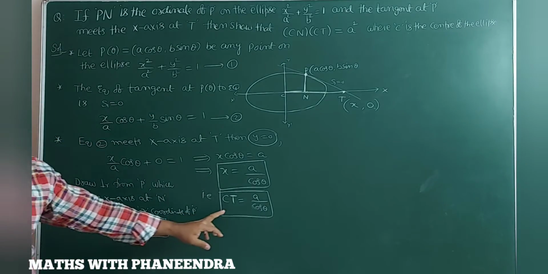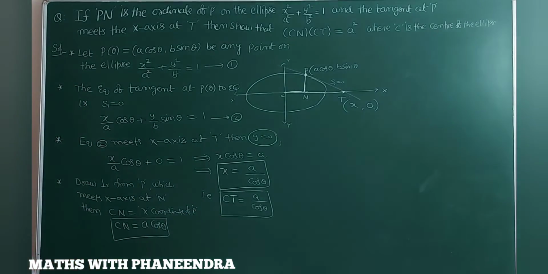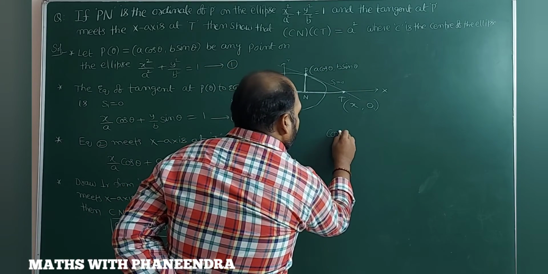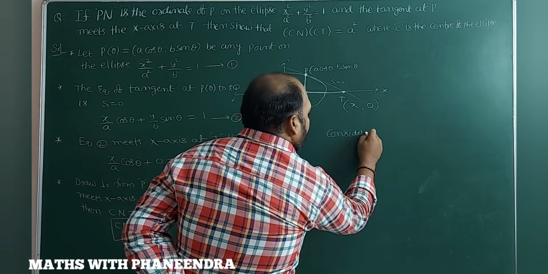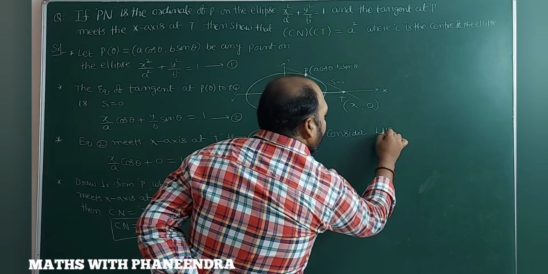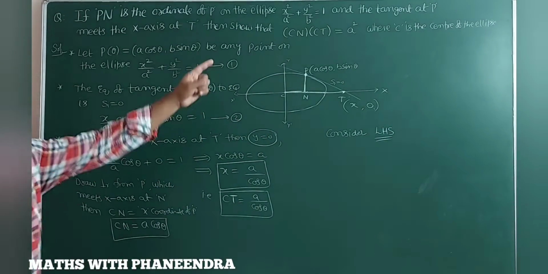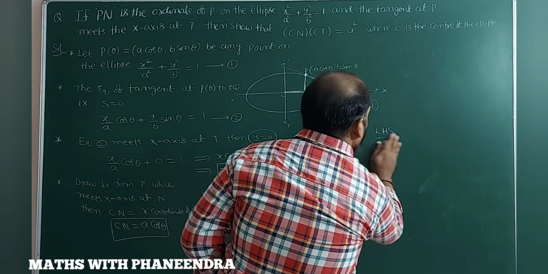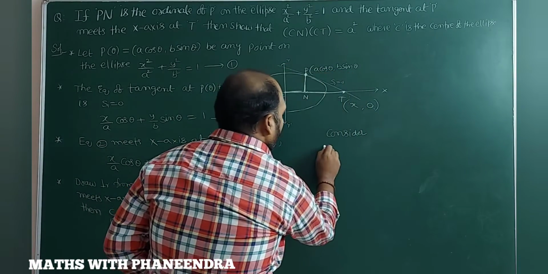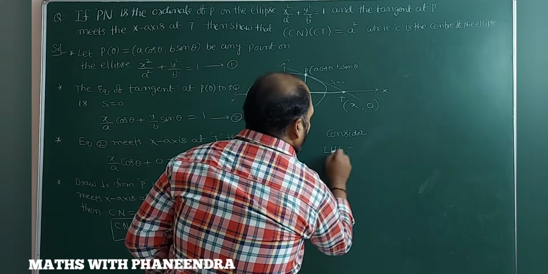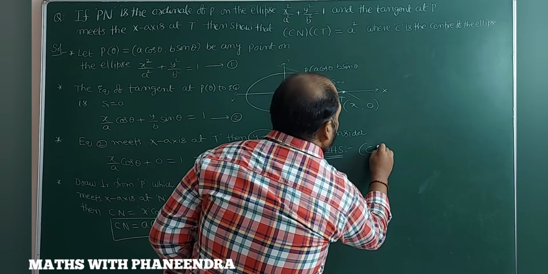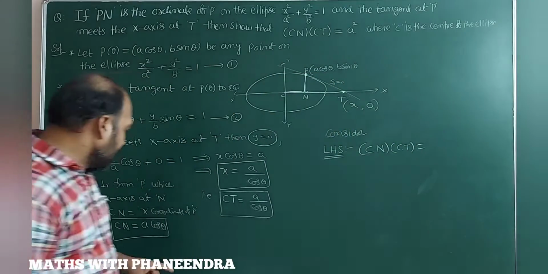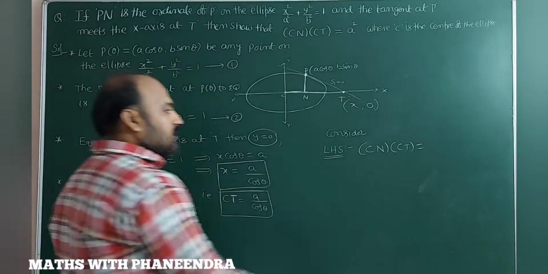After getting the two results, CT and CN, now consider LHS. CN into CT. CN value is a cos theta.